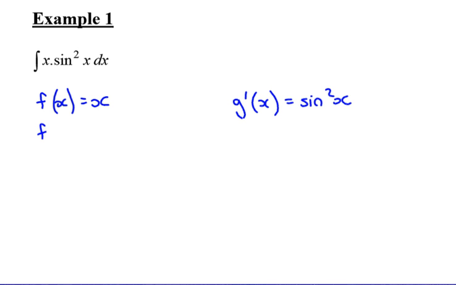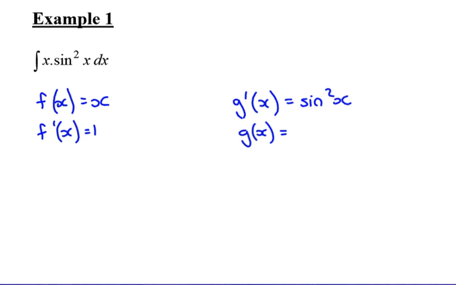Then you differentiate x and you get 1, and now you need to find the antiderivative of sine squared x. Oh, you have a problem, because there's a composite function but there is no derivative of the inner function. So this, as we saw in previous videos, is where you invoke an identity.